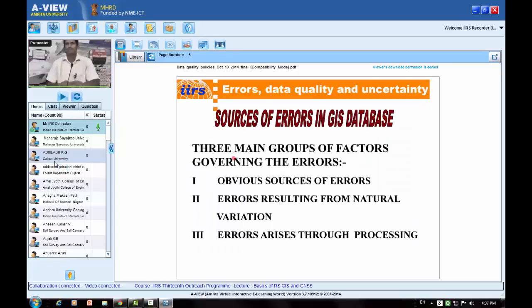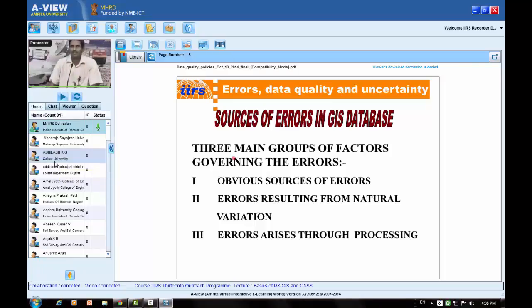When you talk about errors, there are three types of errors. The errors that come along with whatever maps and data you use are called obvious sources of errors. In case of GIS, suppose you take satellite data, take a map, go to the ground and get it; all those errors are coming in. Then there are errors resulting from natural variations. On the ground it is something, but when you digitize on the map, it is something else. Suppose there is a river embankment.